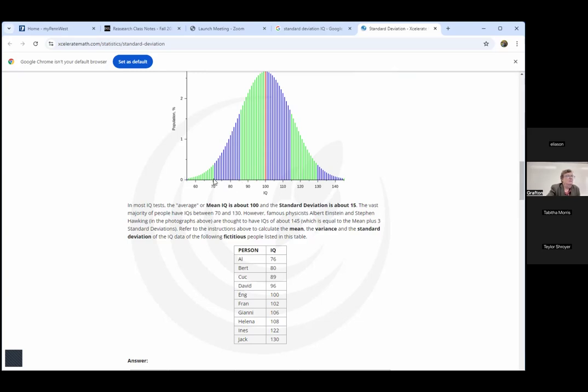So, between 85 and 70, they might be struggling a little bit cognitively. They might have some kind of deficit or struggle, and they should receive some services.